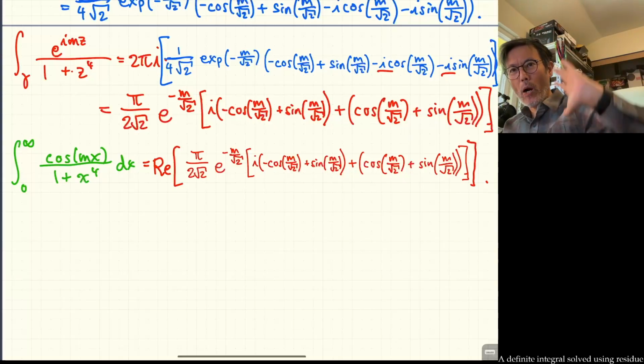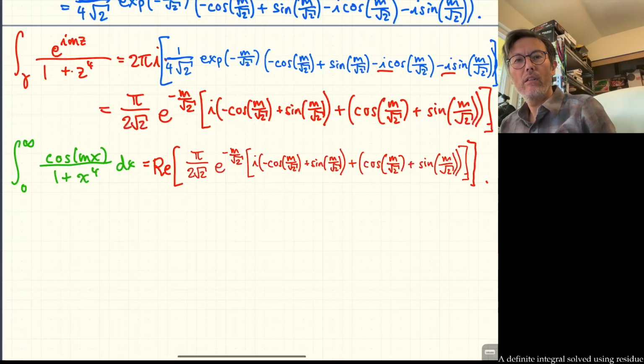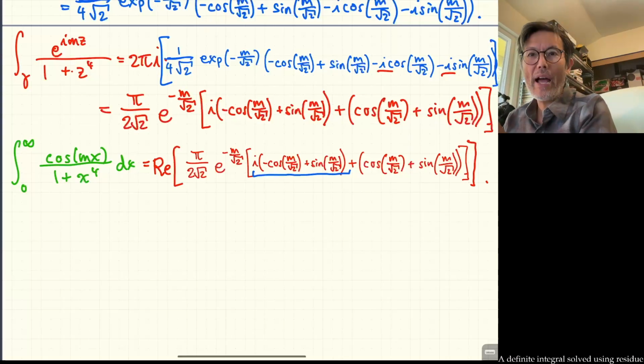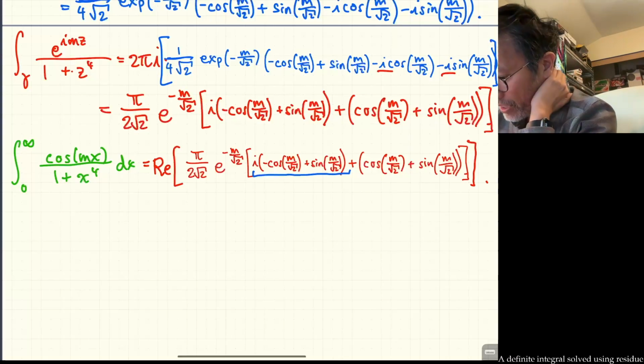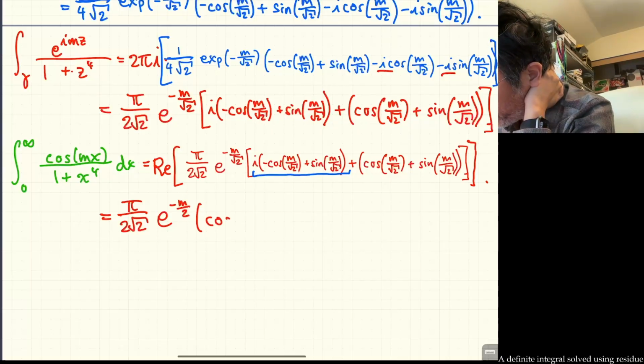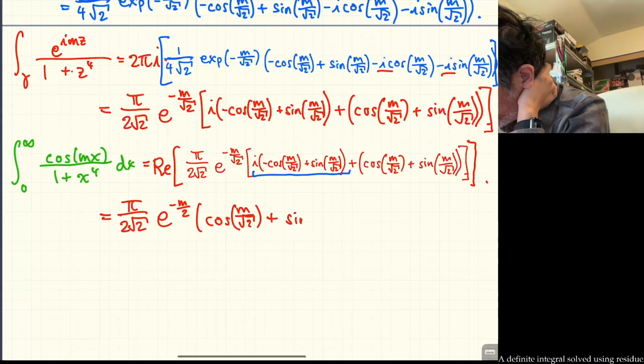But then what's the real part? Well, just look with your eyeballs. Everything inside that bracket is real except for this part right here. That's the imaginary part. So what we end up with is, in the end, pi over 2 times the square root of 2 times e to the negative m over 2 times cosine of m over the square root of 2 plus sine of m over the square root of 2.